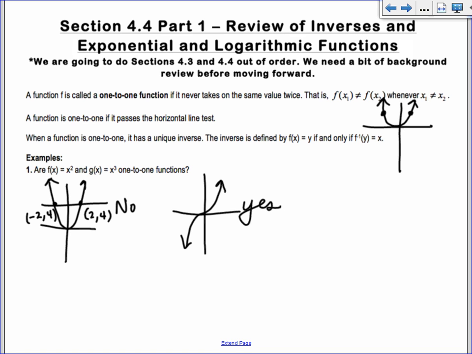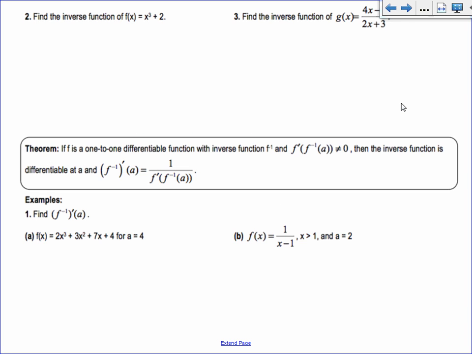Okay, so then we talk about how to find an inverse. We did that in Algebra 1 as well, or Algebra 2. What we do is we replace our f of x with y, and then we switch the x and y, and we solve for the new y. You guys remember this process?